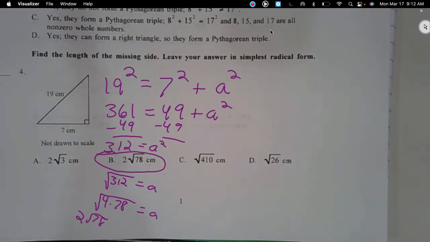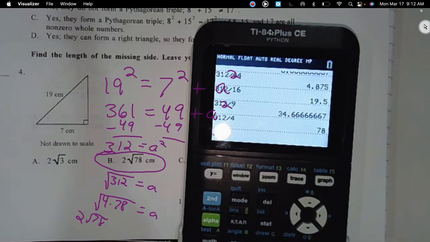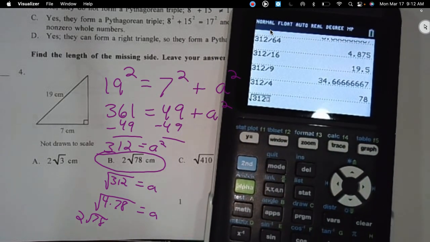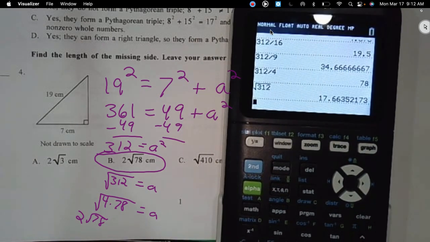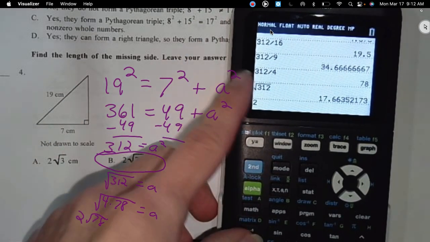Say you are so lost and you have no idea. If you can at least get to the square root of 312, and you type it in, and I get 17.6, I don't have an answer choice with that. But guess what I can do with each answer choice? Type it in. 2 square root of 3.